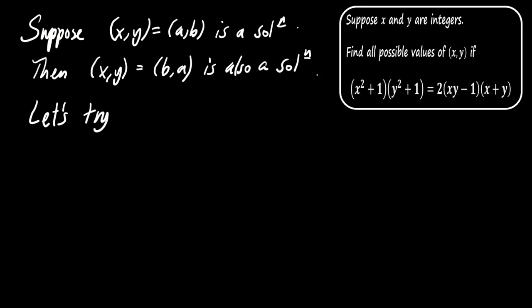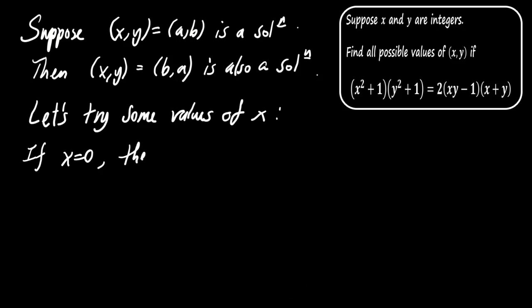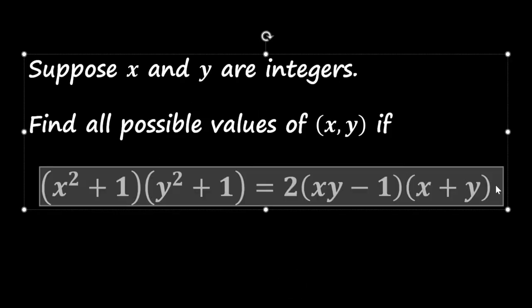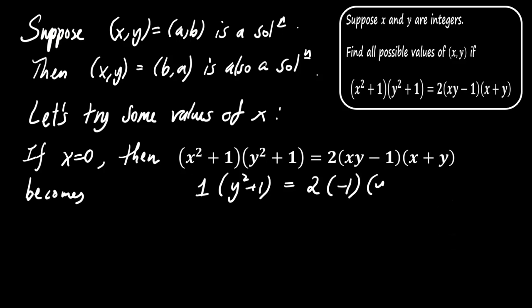Let's now try some specific values for x, starting with x equals 0. Substituting this into the equation gives (0 squared plus 1)(y squared plus 1) equals 2 times (0 times y minus 1)(0 plus y), which simplifies to y squared plus 1 equals 2 times negative 1 times y.